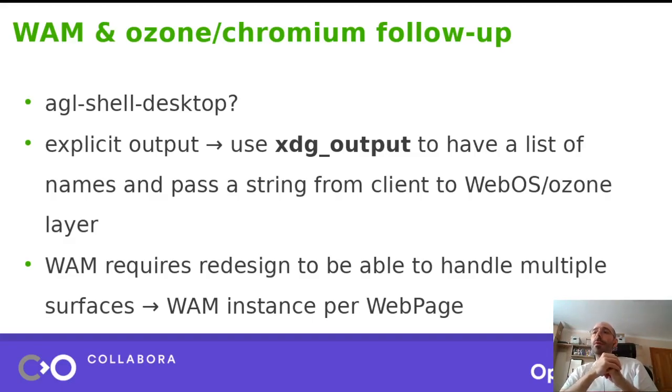So the idea is to use the same thing here. It would make interaction with something that is similar to home screen in terms of HMI, and presumably for other applications, easier, so we don't need to plumb again all the bits in the Ozone Wayland to gain access to a valid output.